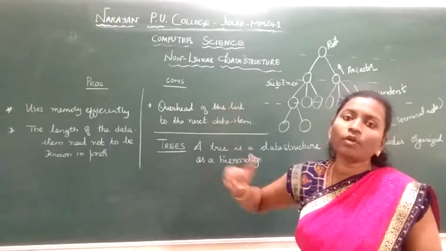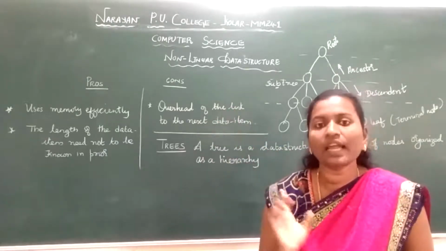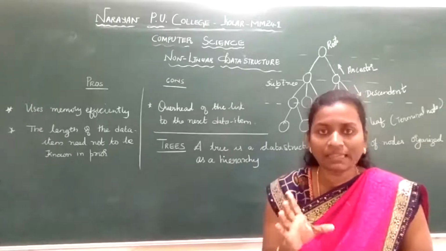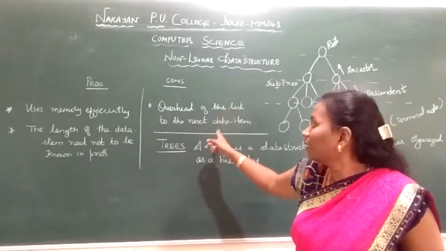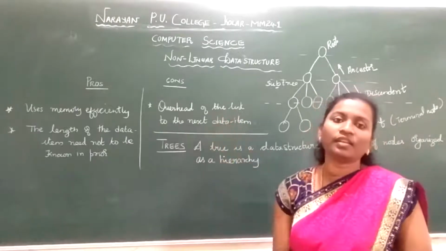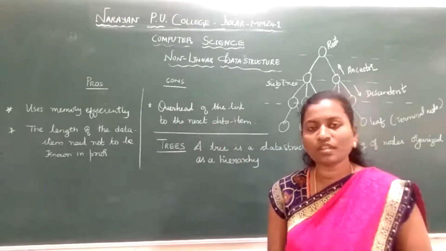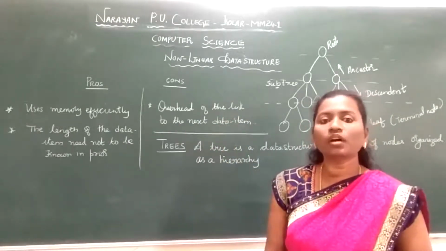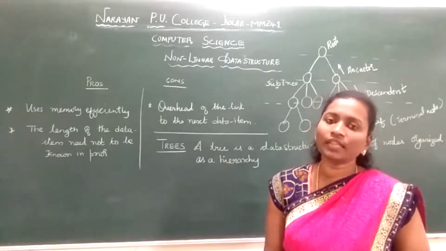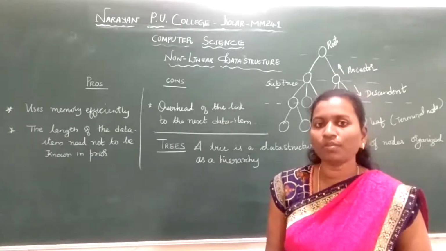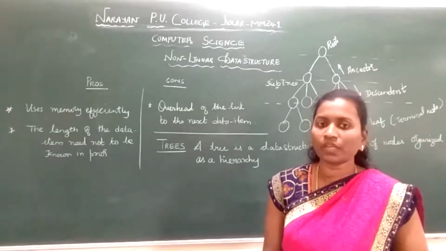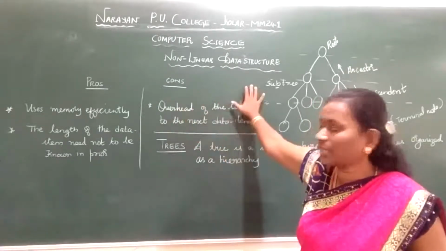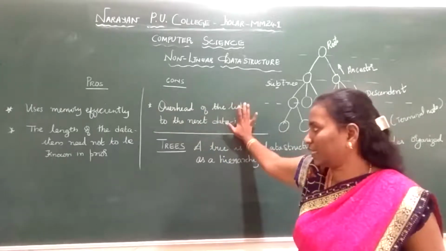Each data item is interconnected by a link, and there is an overhead in maintaining the links, in how each is linked to the next data item. In a lengthy program using a linked list, there is a problem because of the link overhead. That is the only disadvantage we have.